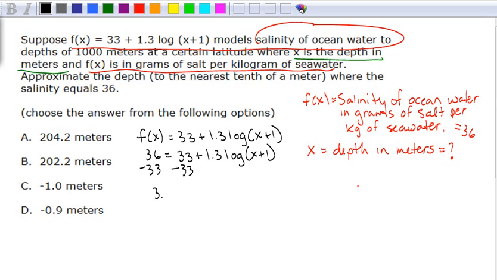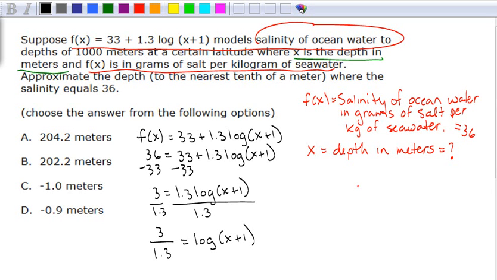I'll get a 3. Now I'm going to divide both sides by 1.3 and rewrite that. Now, I would like to get out of logs. By the definition, a log is an exponent, so all logs can be written in exponential form.